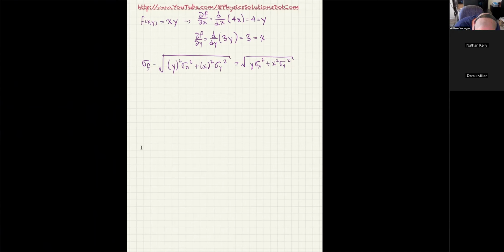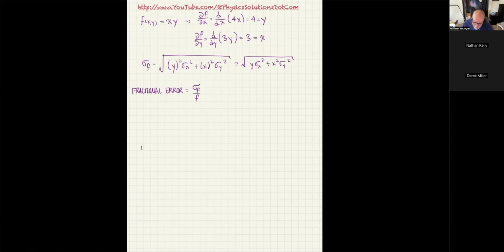The fractional error, also called the fractional uncertainty, is called by the symbol sigma f over f, and that symbol is actually the formula. You take the propagated error of f, and you divide it by the function f.